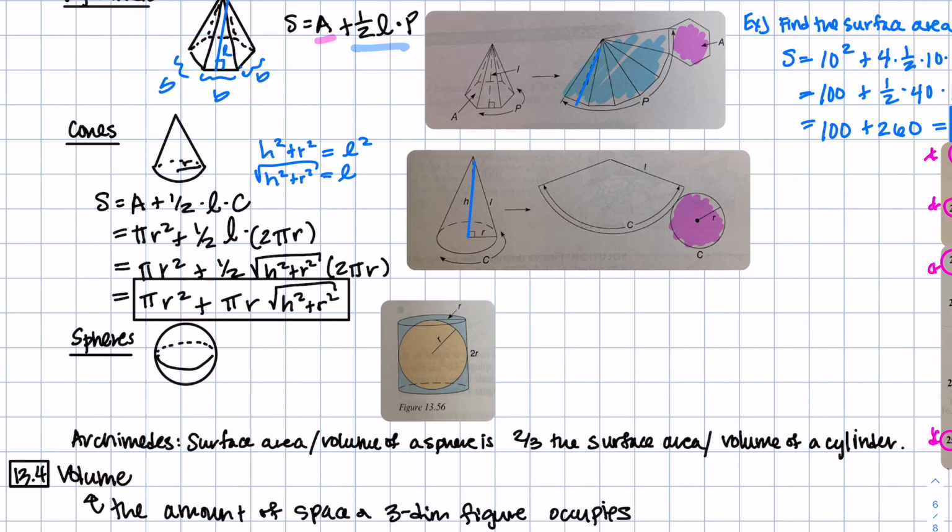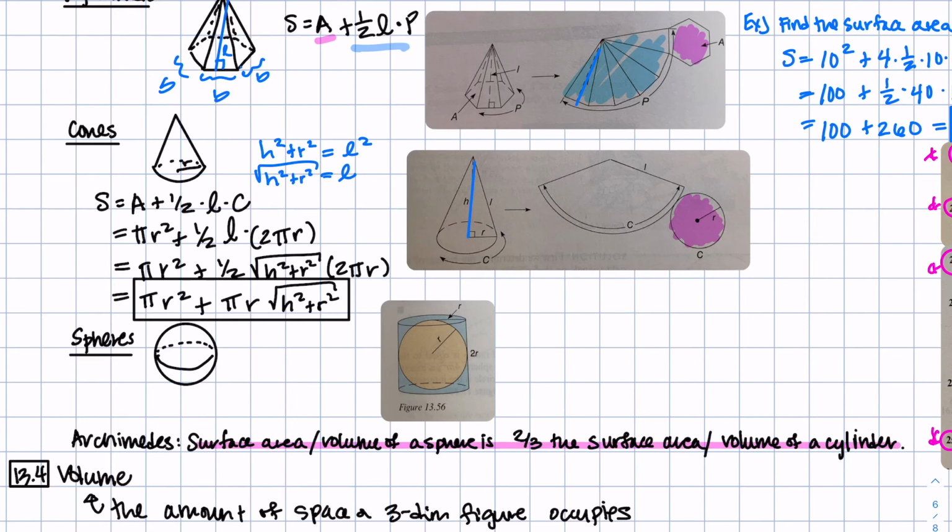He found this out by, I think, using some sort of weighted scale system, if I'm remembering correctly. But there's a really cool explanation of it in the front of, I think, either this chapter 13 or maybe chapter 12. So regardless, we have this really cool relationship between the surface area of the sphere and the surface area of the cylinder.